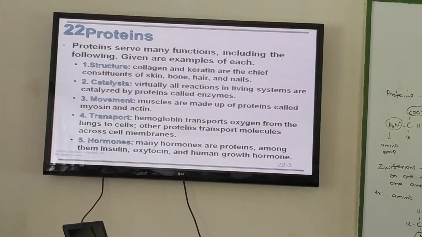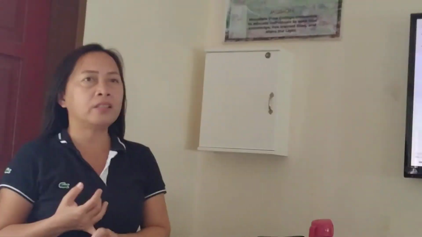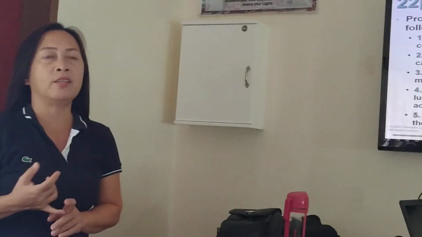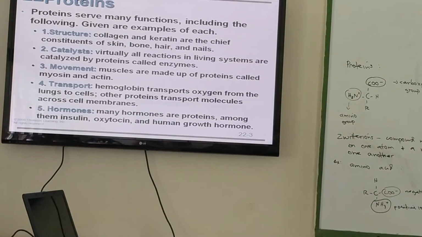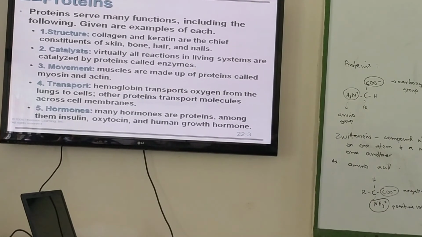Another, it facilitates transport. Say for example, hemoglobin. Where could you find hemoglobin? In the blood. So what makes the blood red? It's because of the red pigment called hemoglobin. And hemoglobin is a protein. Its function is to transport oxygen from the lungs to the cells. So this is systemic.